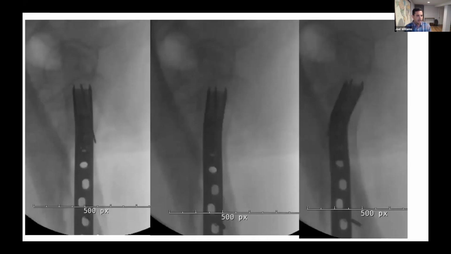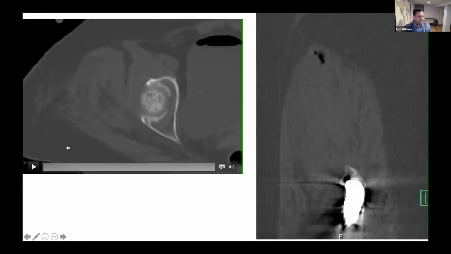And I think it's important at the end of a case like this to get multiple images to be sure that you're confident with the safe location of all the implants. So this image all the way to the right on this screen is a bit concerning. I got a CT scan, and unfortunately the axial is not playing.